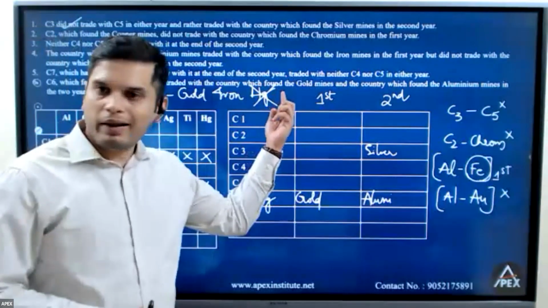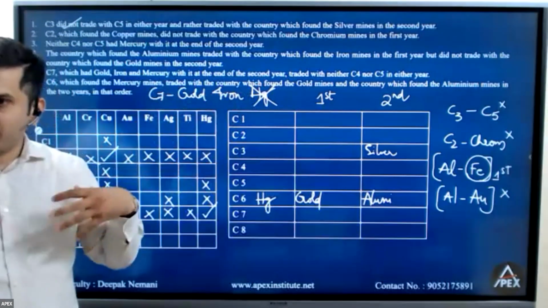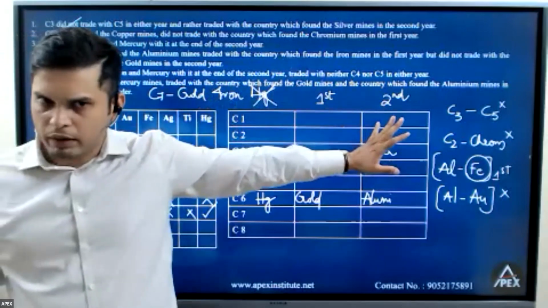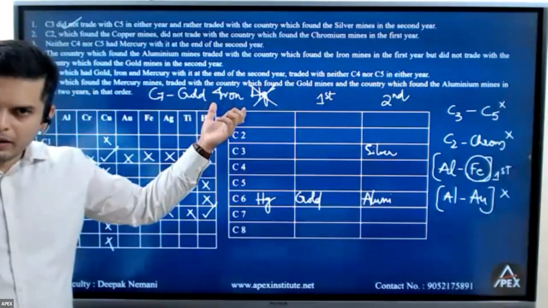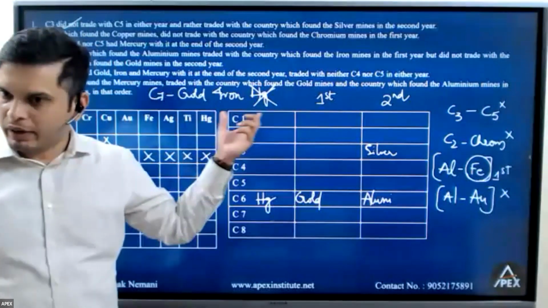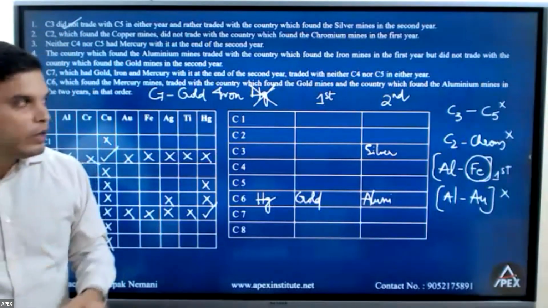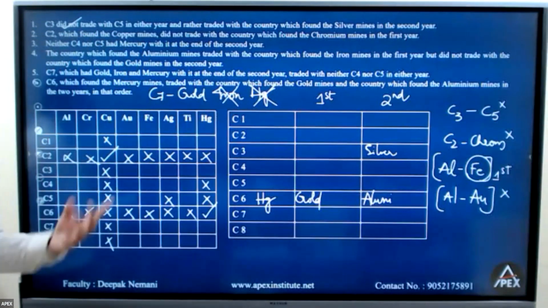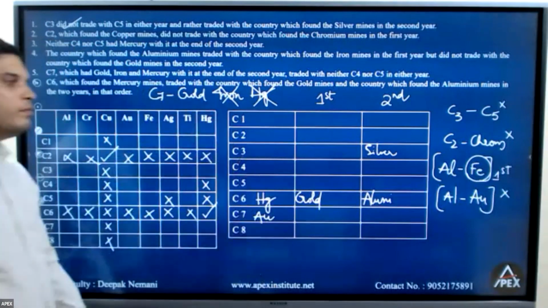There is no aluminium here. If C7 has an iron mine, it traded with a country which has an aluminium mine. Now if C7 has an iron mine, then it should have had aluminium as one of the 3 metals. Understood or not? Okay, so I can say that C7 does not have an iron mine, but it has a gold mine.